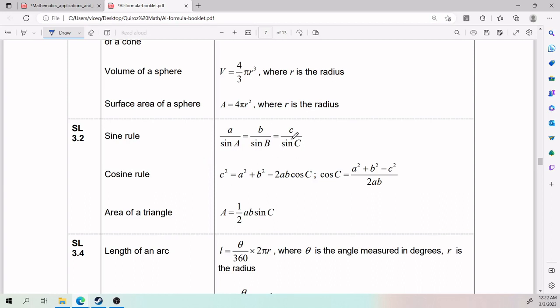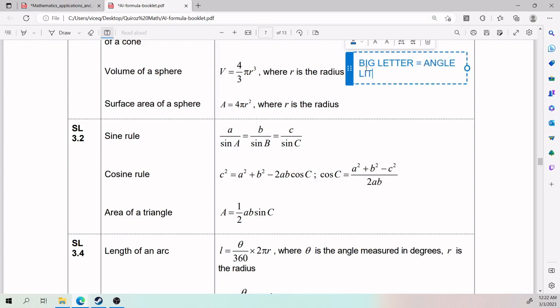All right. Any big letter, I'm actually gonna write this over here. Big letter equals angle. Little letter equals side, or distance, whatever.